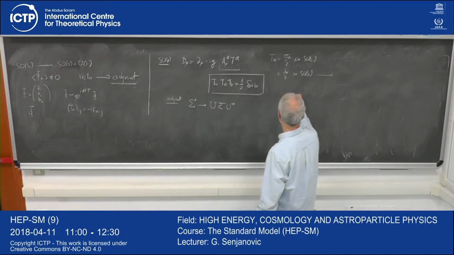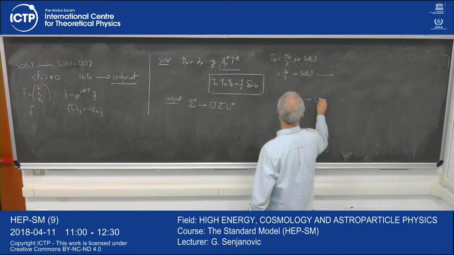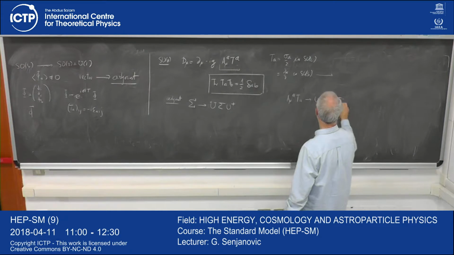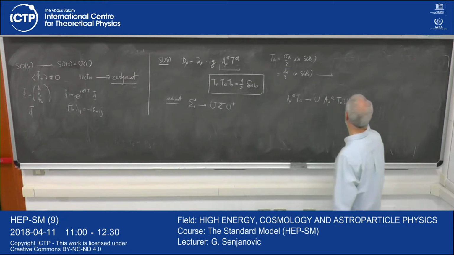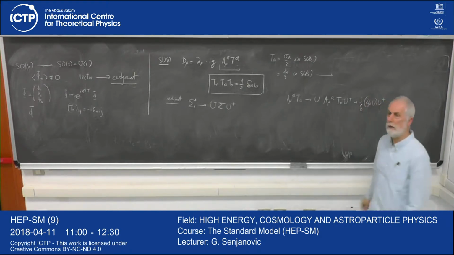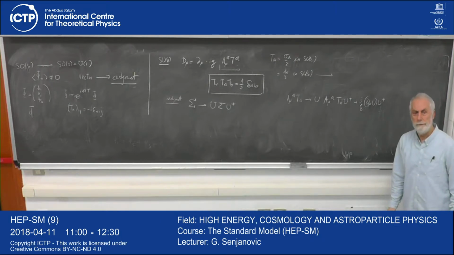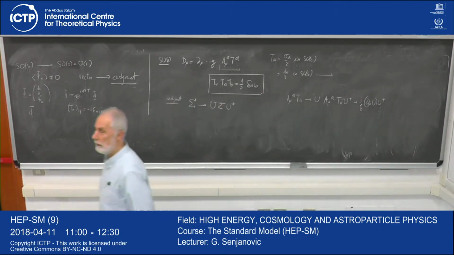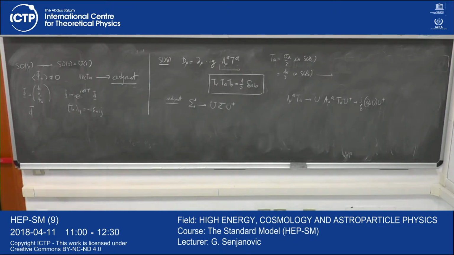A mu^A T^A, this representation transforms as U A mu^A T^A U dagger, plus i over g, now maybe minus, d mu U times U dagger, something like this. You've done this, right? I would imagine you to have done that. Without the T^A?